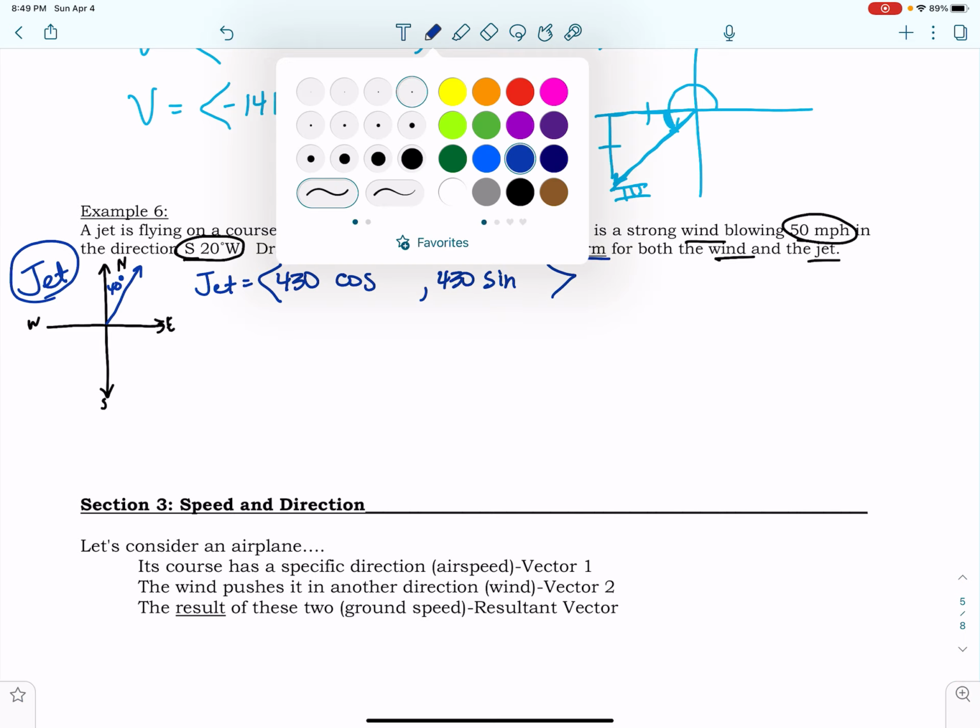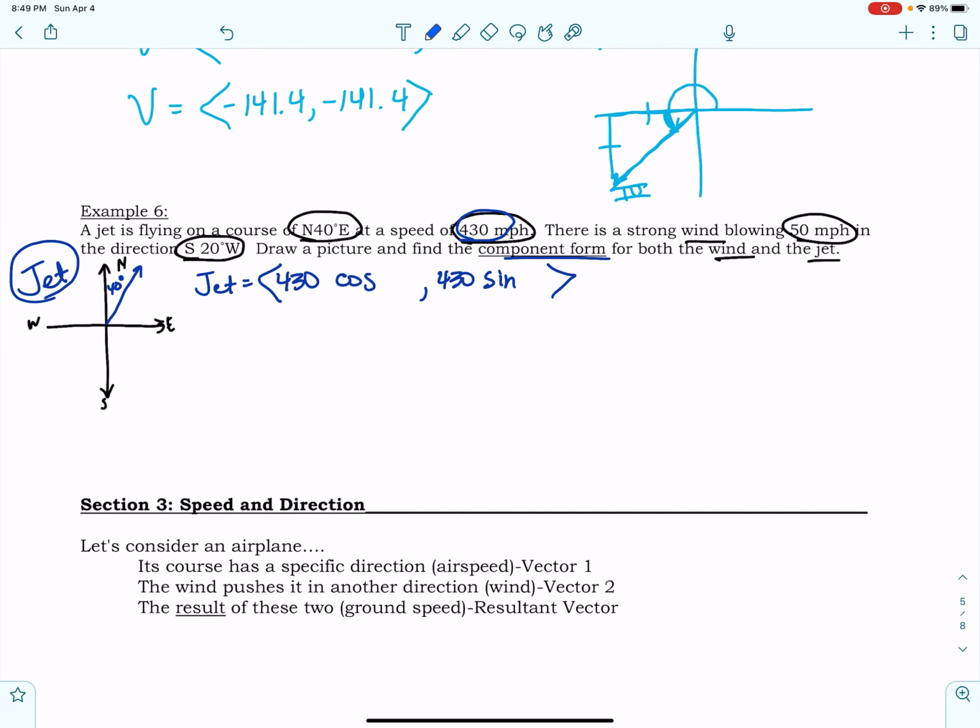Remember, the direction angle starts at the positive x-axis and moves to the vector. This is the direction angle. Well, if this is 40, then the direction angle is 50. Easy peasy lemon squeezy. So the jet is 430 times cosine 50, 430 times sine 50.